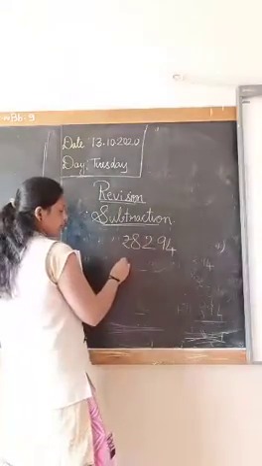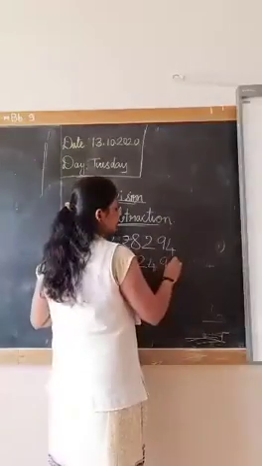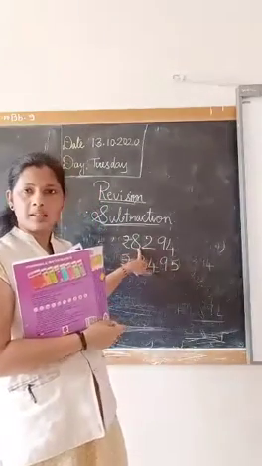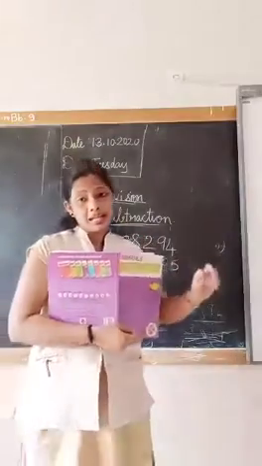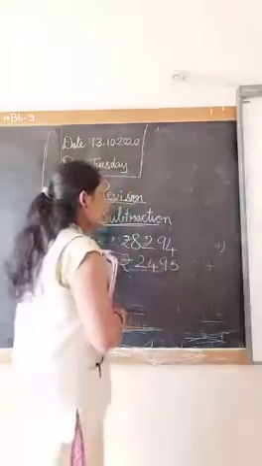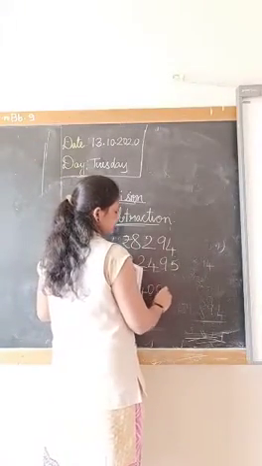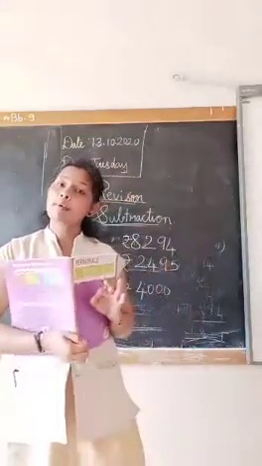His mother gave him 2,495 rupees. Okay? Rohan had this amount, and his mother gave this. And he spent 4,000 rupees on some things. So what is the amount left with him?